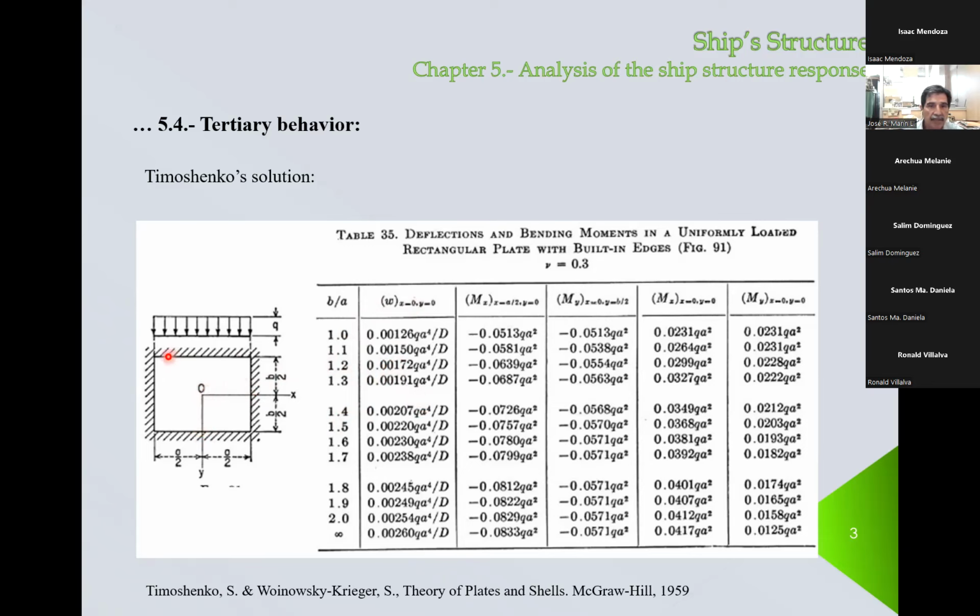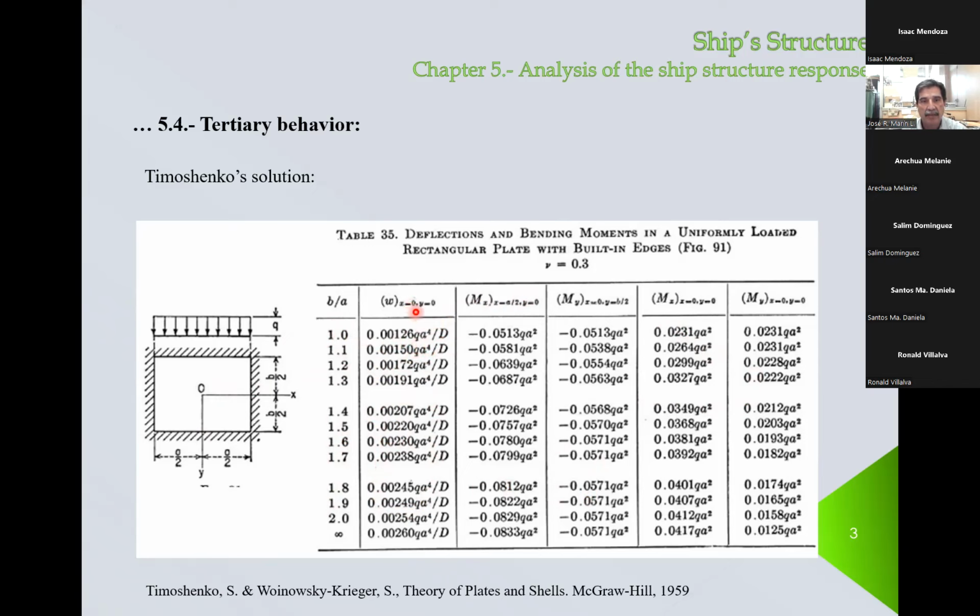And of course, if the four edges are clamped, we could expect the larger deflection to be in the central point. So Timoshenko provides this table according to the aspect ratio of the plate. Here is the expression that you could apply to calculate the deflection in the central point.